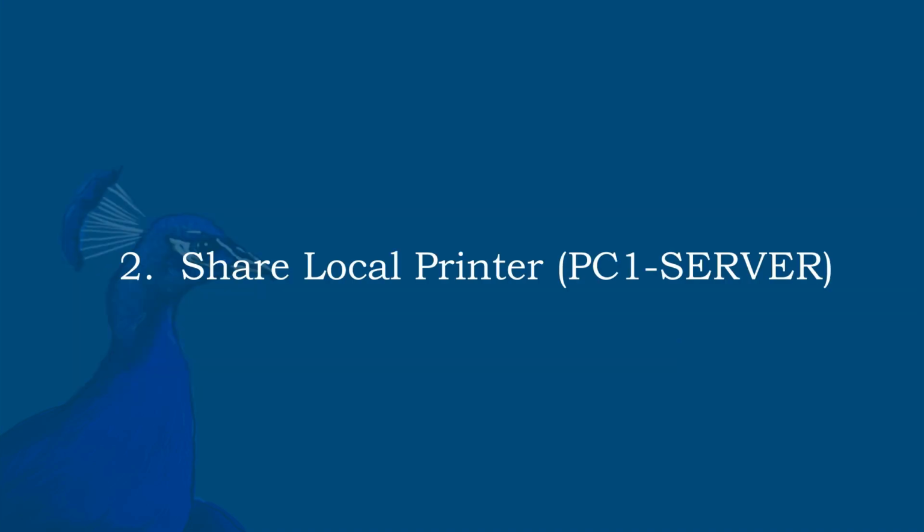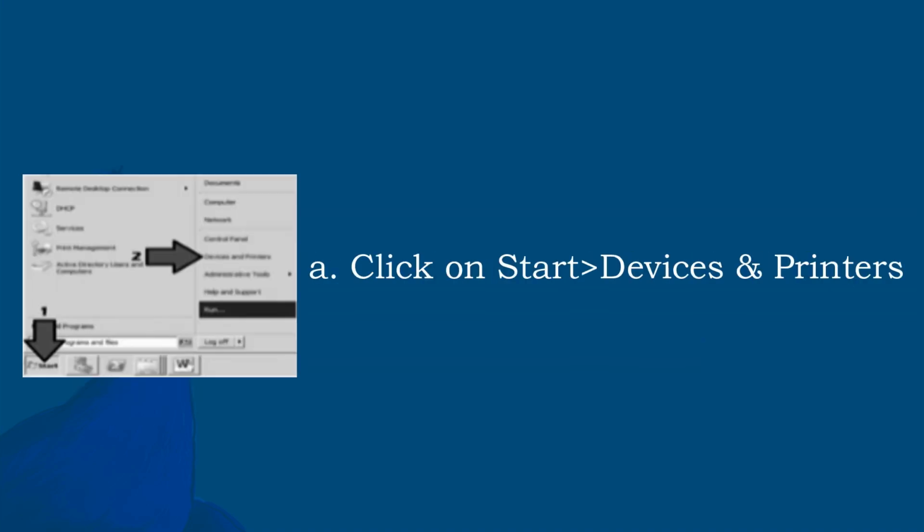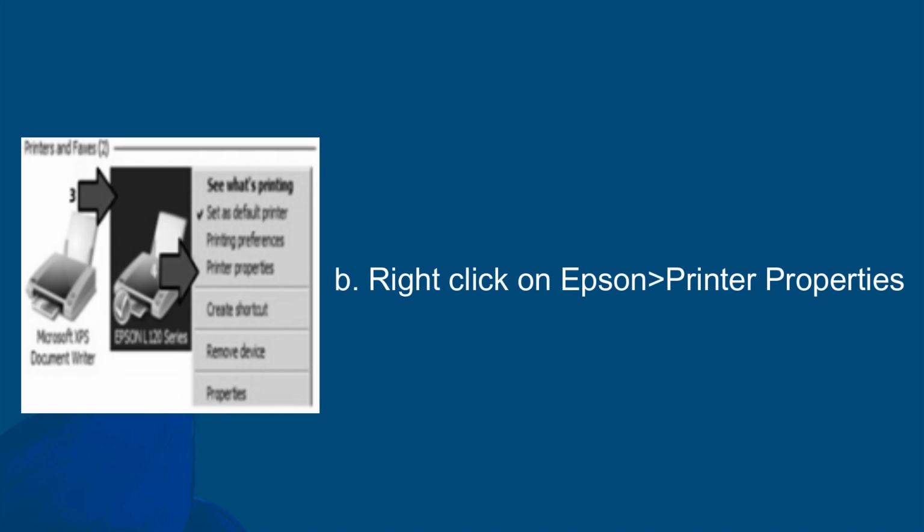Procedure number 2, share local printer or the PC1 to as server. A, click on Start and then Devices and Printers. Then B, right-click on Epson, or it depends on the brand that you used, and then click Printer Properties.